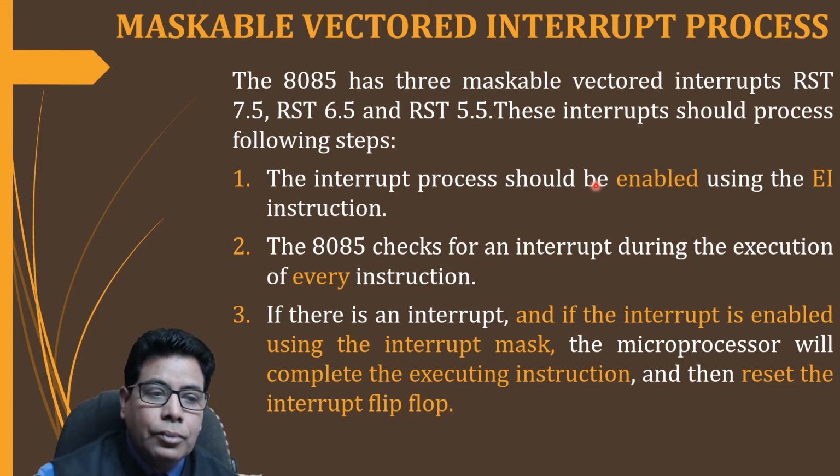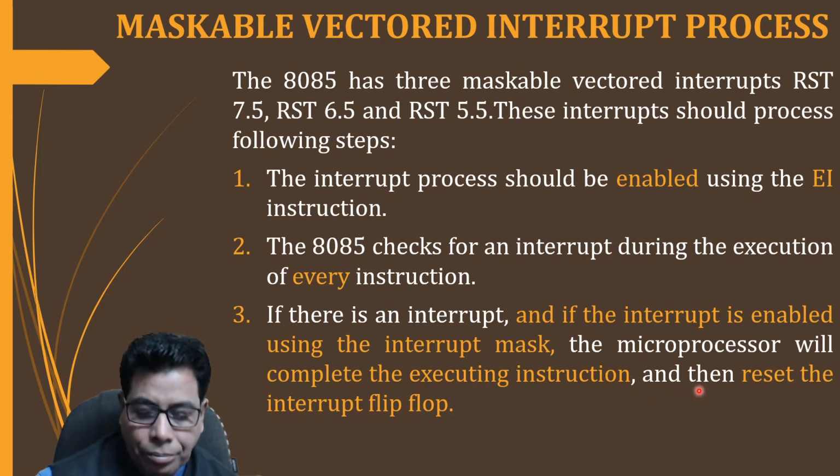This interrupt flip-flop we have studied in the interrupt structure; you can refer to it there. With the help of the enable instruction, we set the interrupt flip-flop, and it is reset whenever any interrupt occurs.